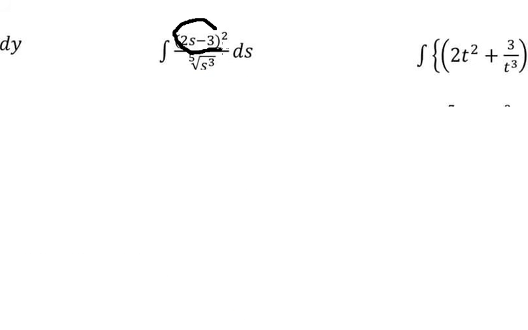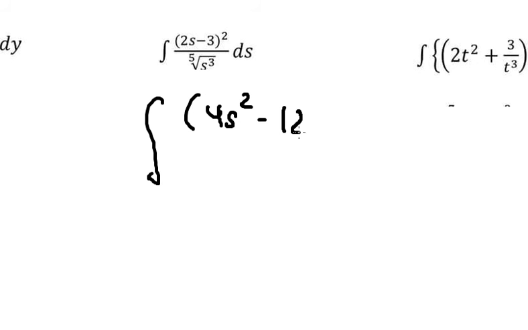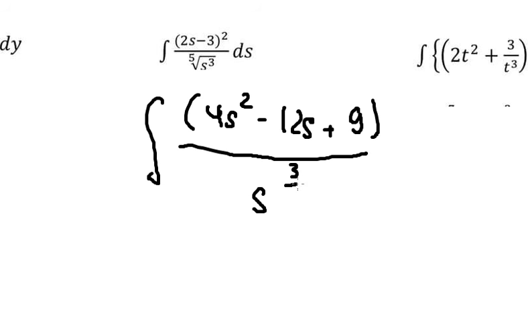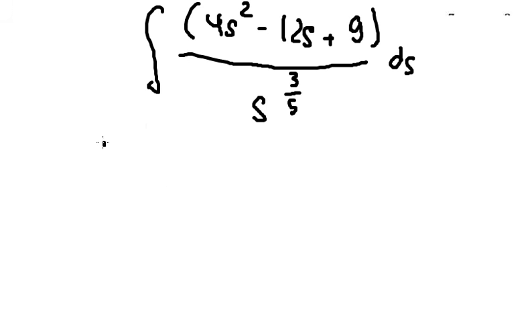We need to expand on numerator. 4s squared minus 3 multiplied with number 2 with number 2, you got about 12 h plus 9 over this one we change for h to the power of 3 over 5 the h. So this one divide this one, you got about 4h to the power of 2 minus 5 over 3.